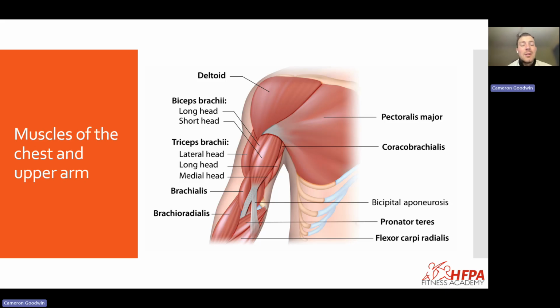So within that, if we start from the left, just so we know our anatomy, we're looking first at the deltoid. I encourage you guys, as I've said before, please start to get used to the medical terminology. Deltoid. Yes, you can use front delt or whatever, but specifically you want to maybe think anterior deltoid, posterior deltoid, medial deltoid, not just your front shoulder or whatever the case may be.